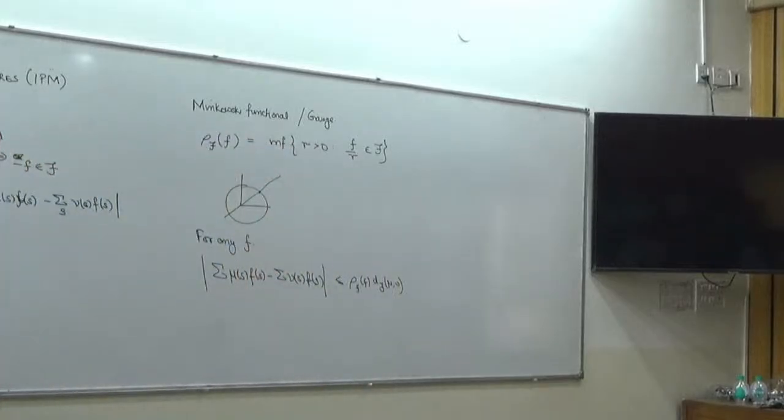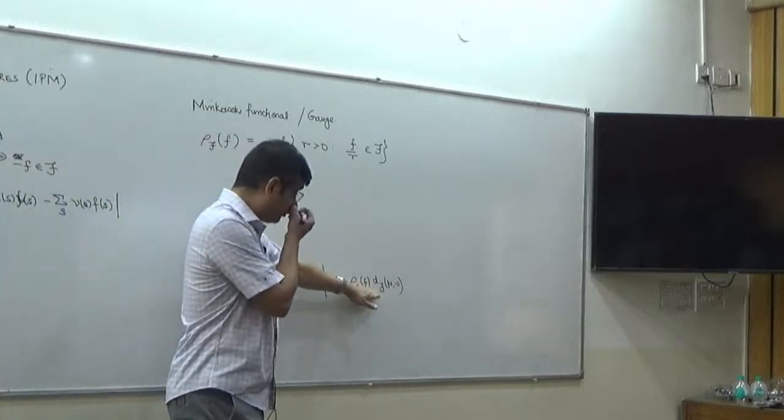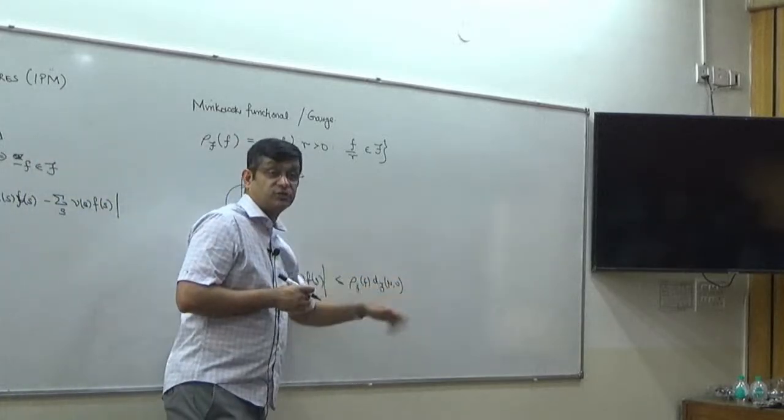So I get an inequality of the type that I wanted: the difference in expected values is bounded by a property of the function and some kind of distance between the measures.